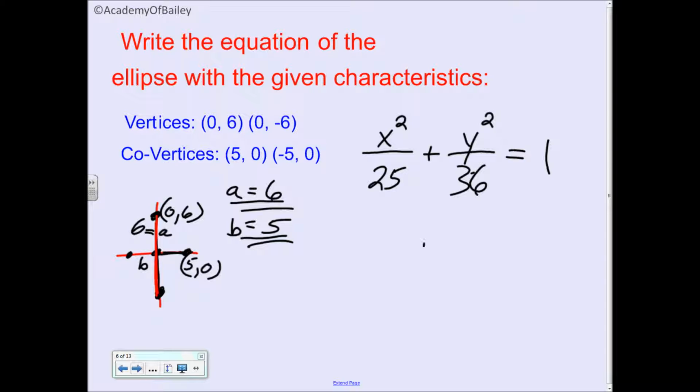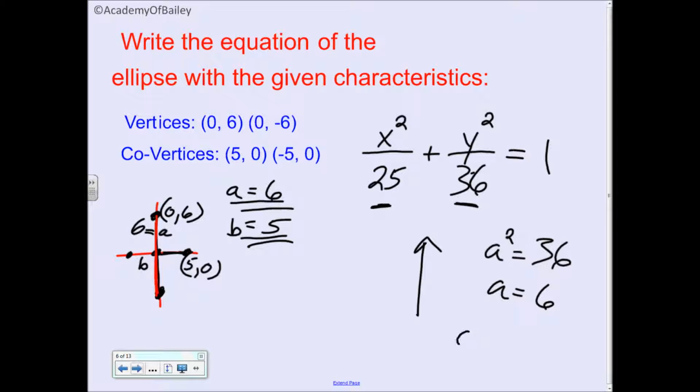So just by looking at the equation, how can you tell that it's a vertical major axis? Well, which one is larger, 25 or 36? 36 is larger, so that must mean a squared is 36. And then a is equal to 6.